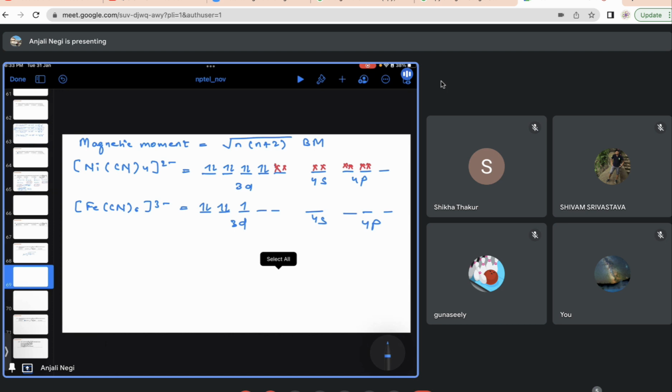Now I have already done the pairing due to the strong field of cyanide present. Now for the third complex, that is my copper H2O 6.